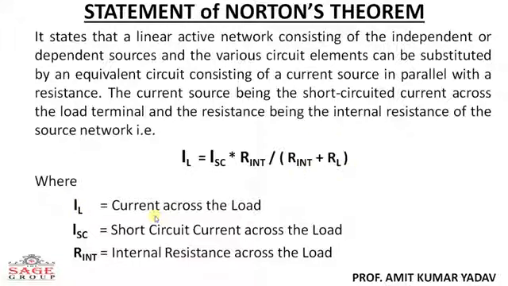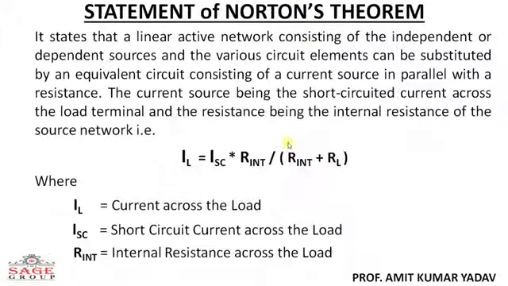Now here, what is IL? IL is your current across the load, ISC is your short circuit current across the load, and RINT is your internal resistance across the load. In simple words, we can say that Norton theorem and Thevenin theorem are almost the same and have the same application.